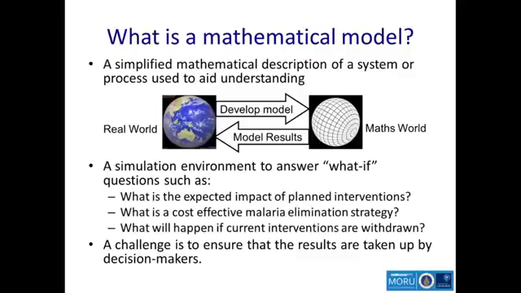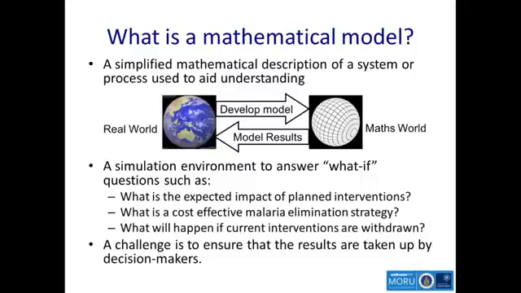So the process that a modeler goes through is to start with a real-world problem and a real question, and then we distill the key elements of that real-world system, and particularly what interests mathematical modelers is the interaction between dynamical systems that are in that process.